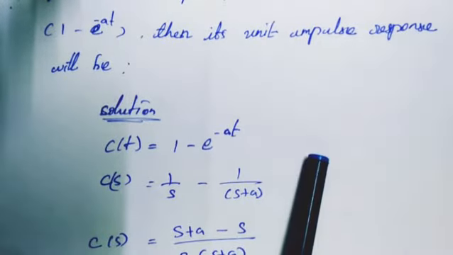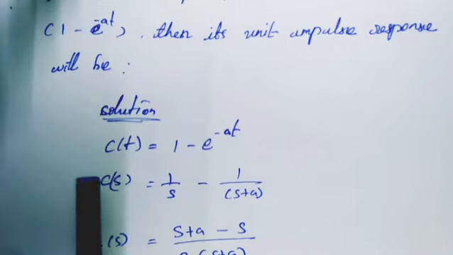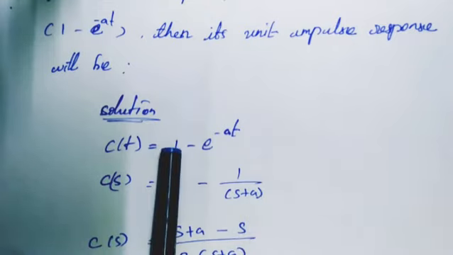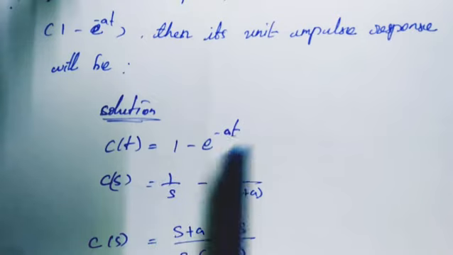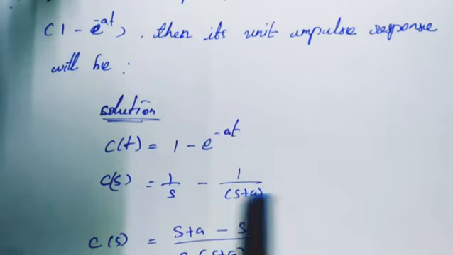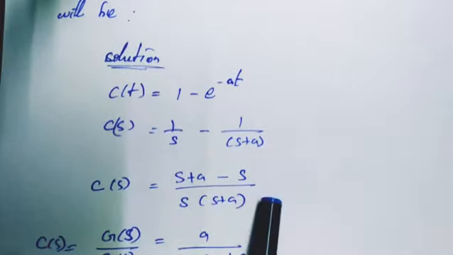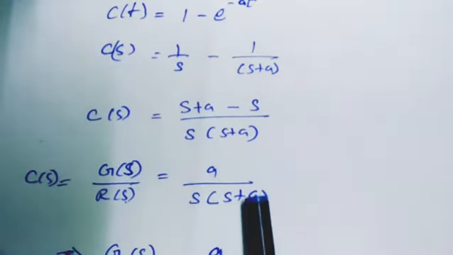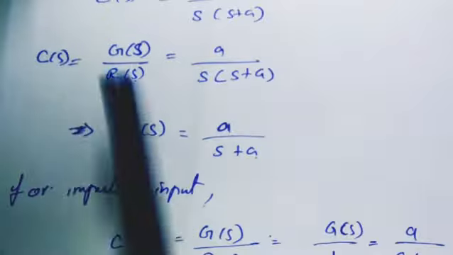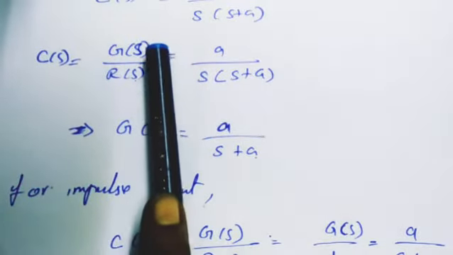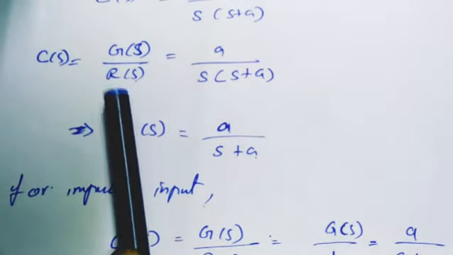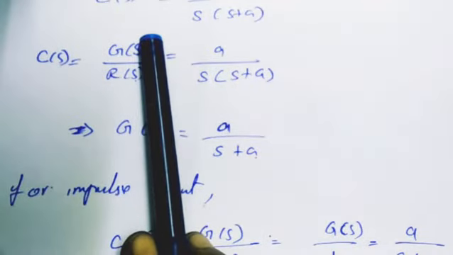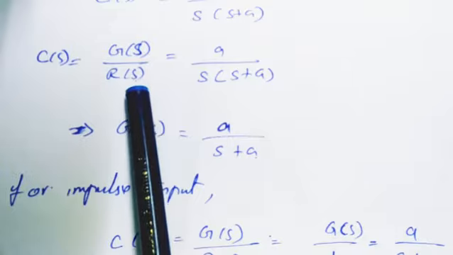So we have written this C of t. In the first step, we are going to take the Laplace transform of C of t. The Laplace transform of 1 is 1 by s, and for the other term it is 1 divided by s plus a. We have taken the LCM for both terms, and C of s is nothing but the same output in Laplace transform. And we know that C of s is equal to G of s times R of s. It's nothing but output is equal to the open loop transfer function G of s times the input R of s.